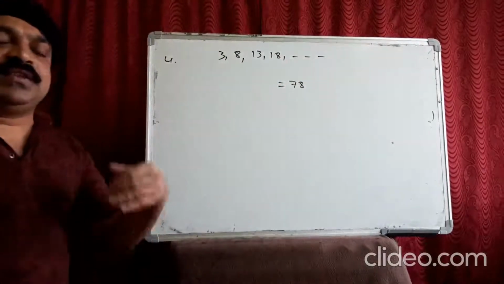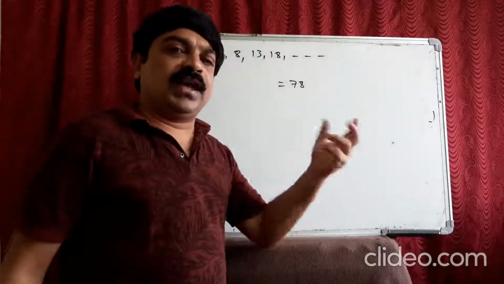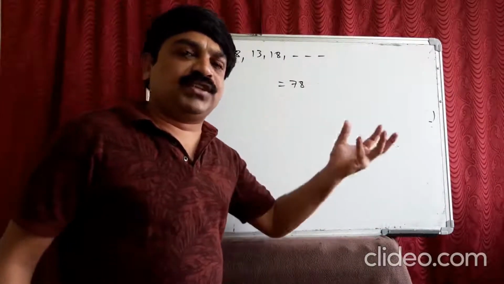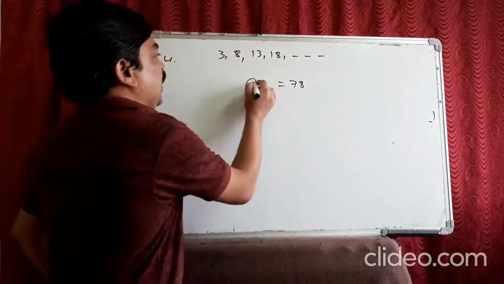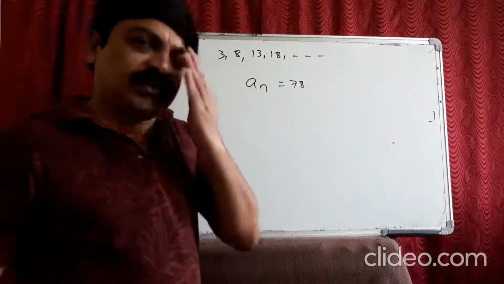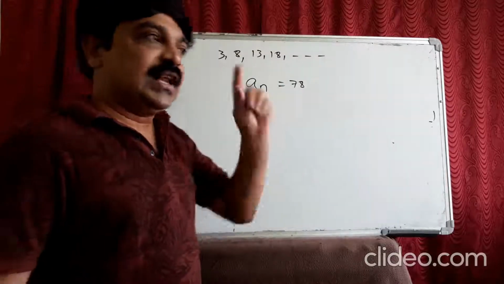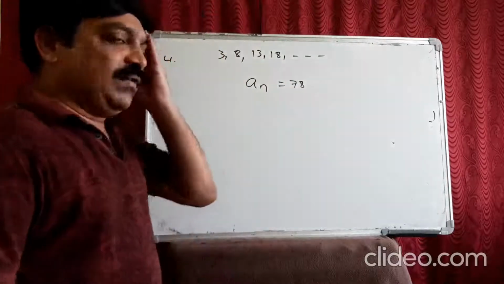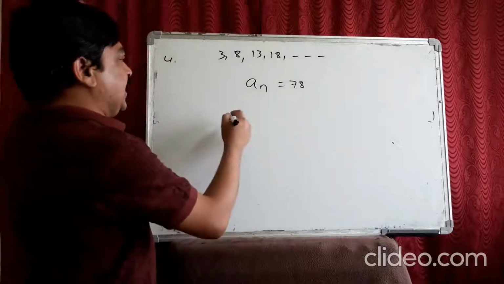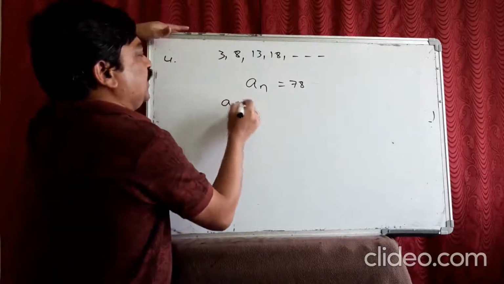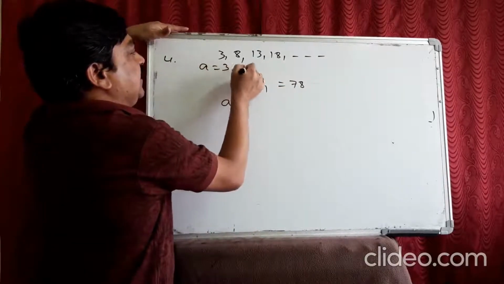When they ask us which term, that means you have to find N. Whenever they ask which term or how many terms, the last term should be equated with AN, with whatever number they give. Okay? AN is 78.